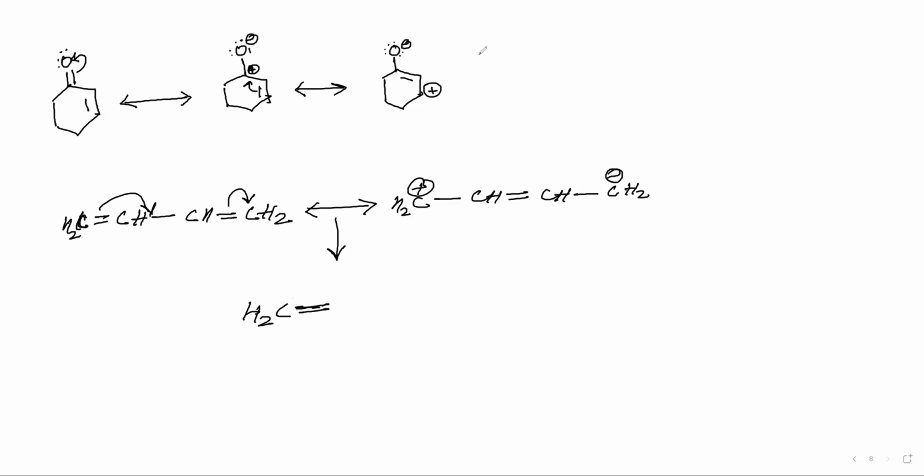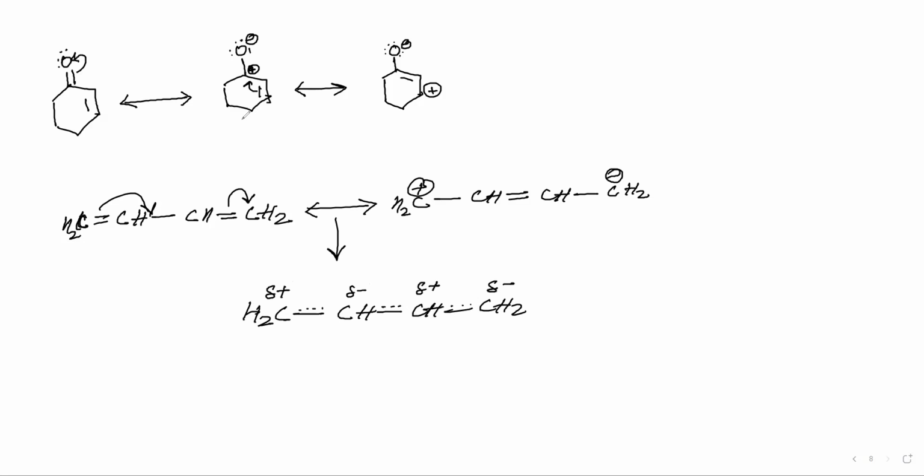Not a double bond. Wait a second, let me draw the skeleton. CH, single bond CH2. These are all partial double bond characters, and one of the carbons has a delta positive charge, and this will have a delta negative charge. If this is delta positive, this is delta positive, this will be delta negative, this will be delta positive.